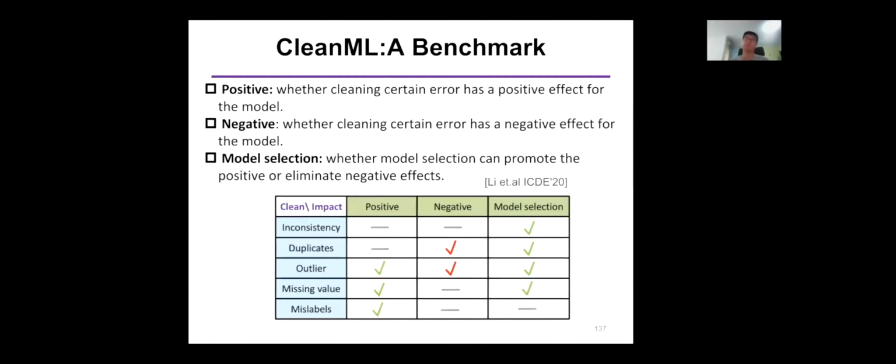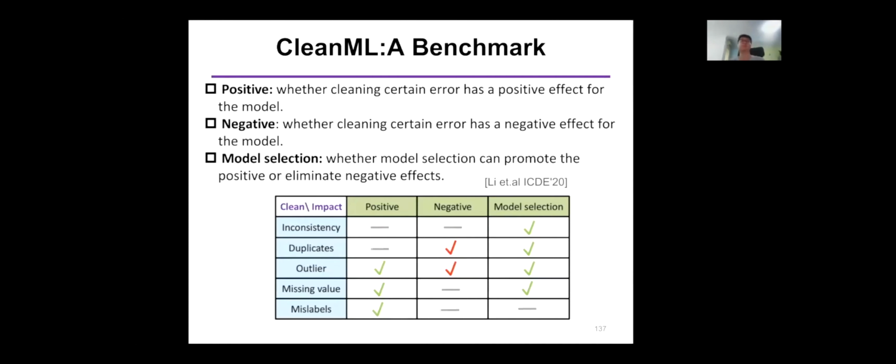So we first use a table to overview this. Here, CleanML is a benchmark for joint data cleaning for machine learning. It tests the impacts of these data errors on 7 typical machine learning methods like multi-regression, decision tree, random forest, and so on. To summarize, we draw a table to illustrate the relationships between data errors and machine learning performance.